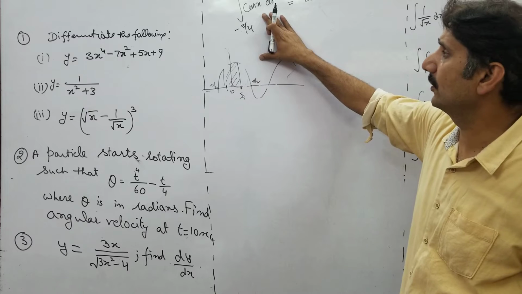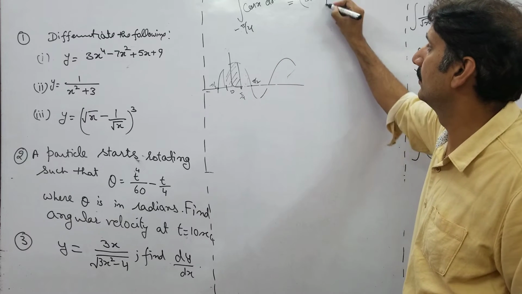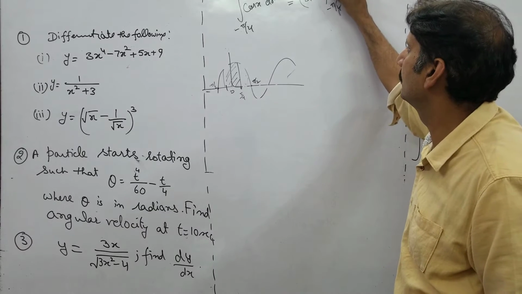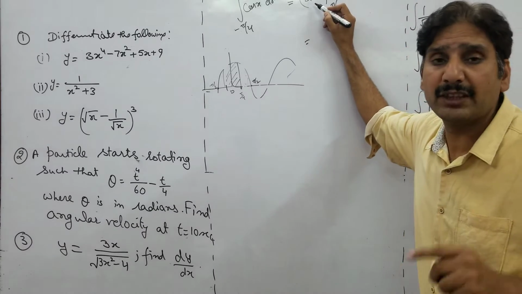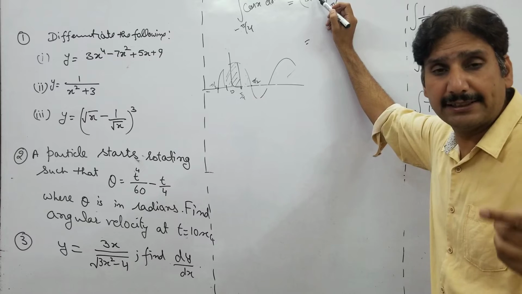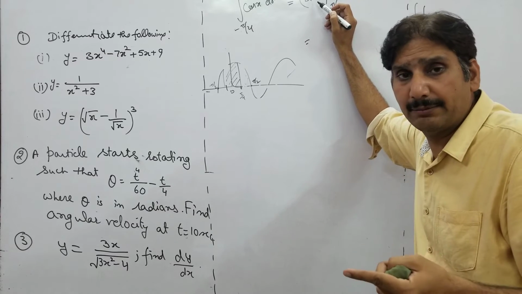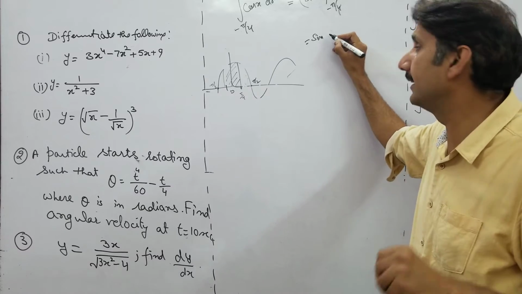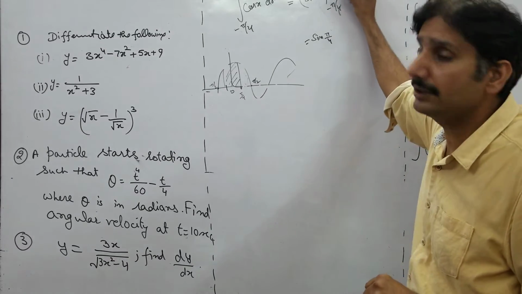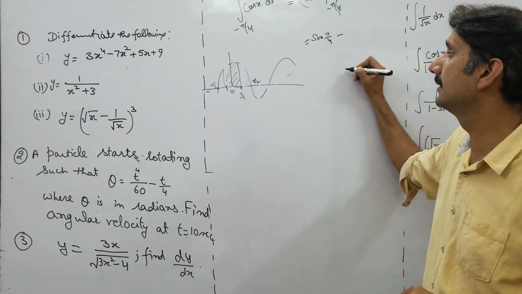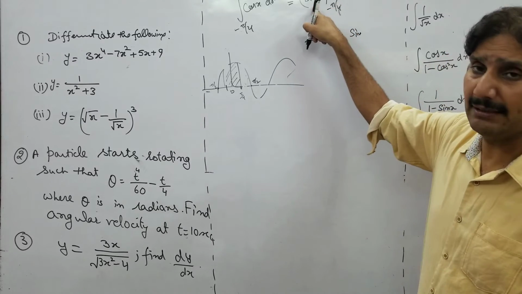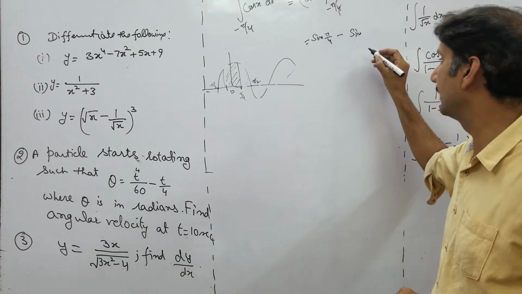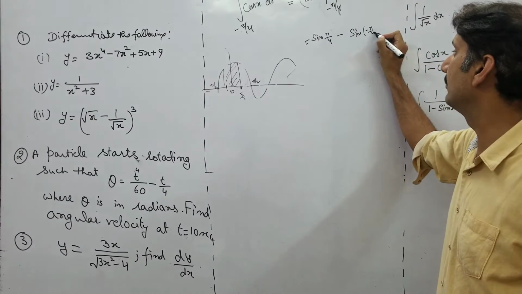So what is the integration of cos x? It is sin x. You will write down its limits minus pi by 4 to pi by 4. Then wherever you have got x, first replace that x by the upper limit. So instead of x, I write down sine pi by 4, the upper limit, minus. Then write down the same expression but with x replaced by the lower limit, sine minus pi by 4.